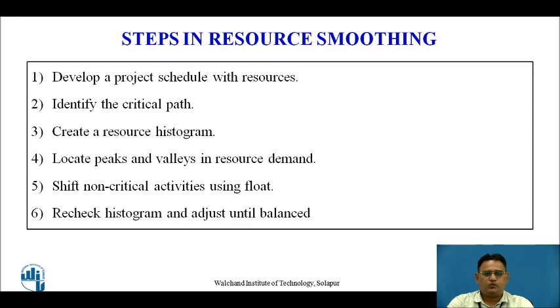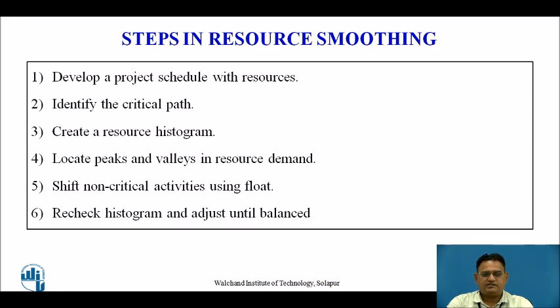With the help of this, once we come to know the critical activities and the non-critical ones, as we know, we can move the non-critical activities with the utilization of the float associated with that. Once we move the non-critical activities, we have to cross-check what the histogram will highlight about the movements of the resource of the non-critical activities in the overall project.